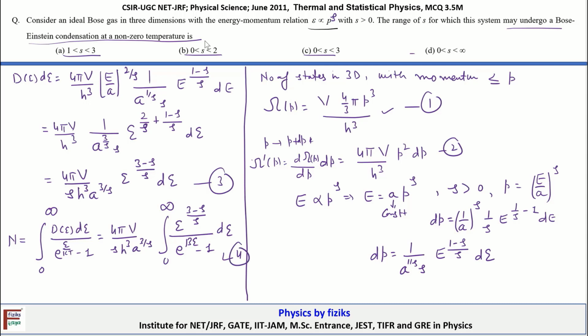In fact, it's already given that s is greater than 0, but if you substitute the value s equal to 0 here, then this integral diverges. So s equal to 0 is not a valid solution. That's the first point that we notice from this integral. The important point is that we have to ensure the integral doesn't diverge.